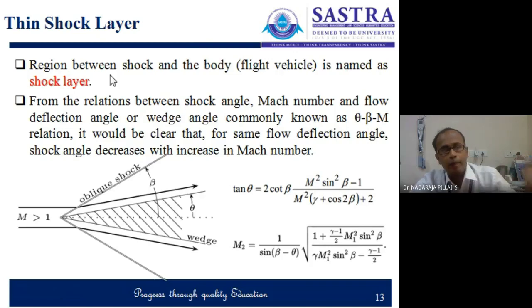Only the free stream Mach number we vary. So let us vary the Mach number and see. This is usually an exercise in the class where, for a constant theta, we change M, that is the free stream Mach number, and calculate beta. Okay.